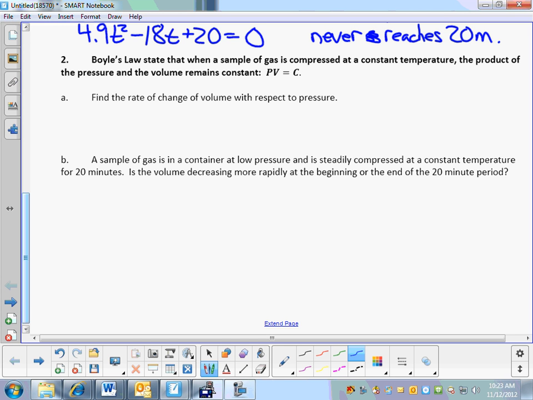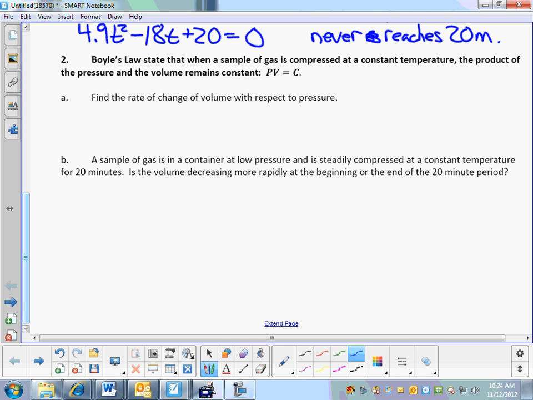Now the problem with this is that you guys don't see any numbers in here, and it makes it look kind of difficult. The first question is, and by the way, this is exactly like the question that you have on your assignment. I have one like this. And you're going to be doing the same exact stuff. I just want you to understand why you're doing what you're doing. So let's try to follow this. It says, find the rate of change of volume with respect to pressure.